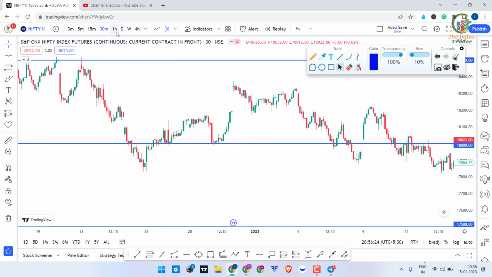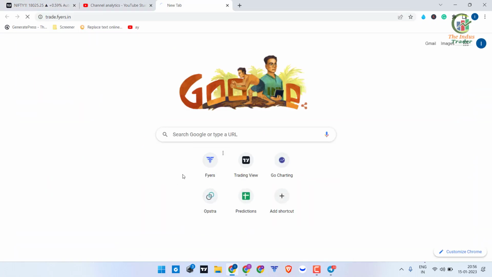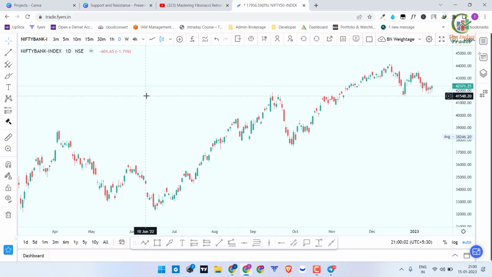Now coming to the indicator. For that, let me open my charts. Yes, I opened the charts. Now let's see on Bank Nifty. For this we use some indicators.